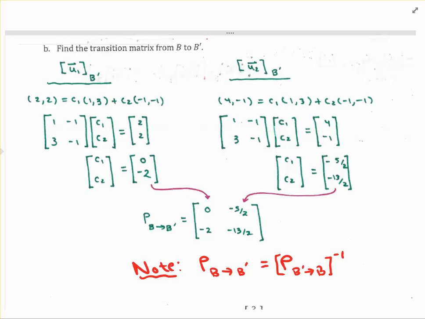And so you would start out with this equation. You want to say, okay, if I want 2, 2, how much of the vector 1, 3 do I need, and how much of the vector negative 1, negative 1 do I need? And that quickly bounces us into a matrix equation such as this, and solving for C1 and C2 tells us just exactly how much of U1 prime we need and how much of U2 prime we need.